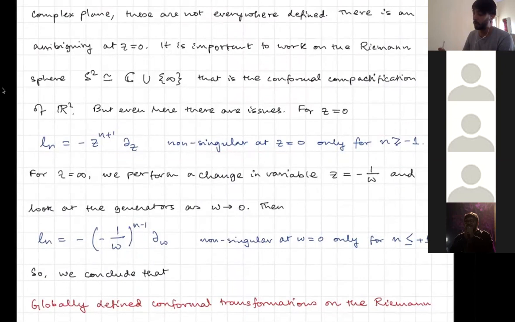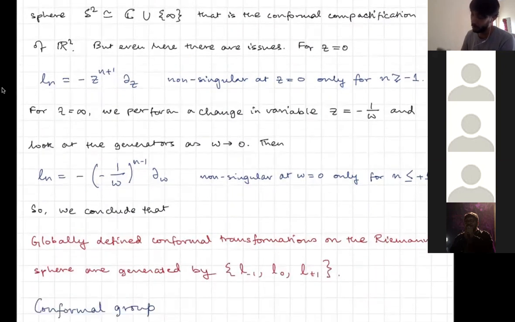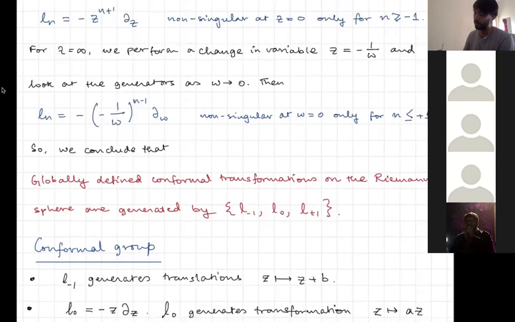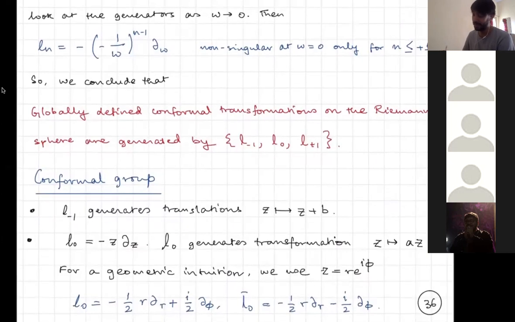When you want to go to infinity, this happens when n is less than or equal to +1. So the globally defined conformal transformations on this Riemann sphere are going to be generated by L_-1, L_0, and L_+1. So this is what generates the conformal group.